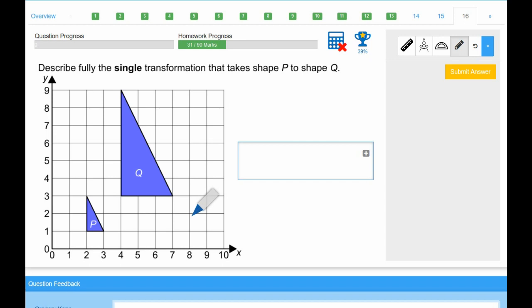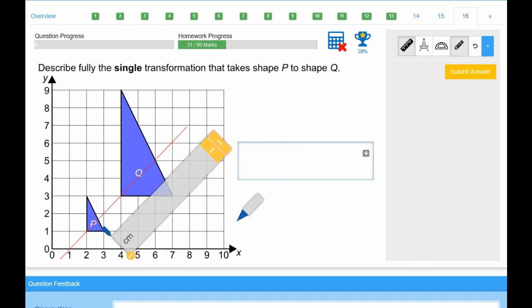So what do I do to find the center of enlargement? I'll use my ruler and I'm going to join up this point with this point here. And I'm going to draw a trace line and draw it back. I need to expand that slightly, I think, and see where does that line start. So my center of enlargement is going to lie somewhere on there.